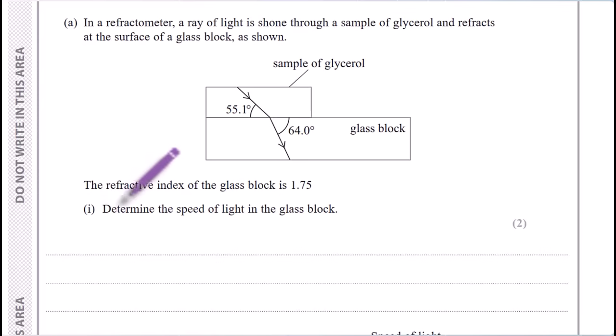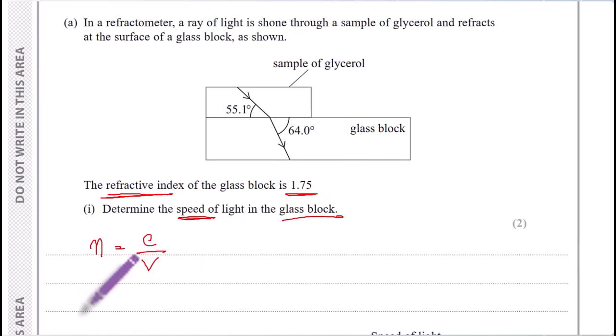So you see, the question mentions refractive index, gives the value, and talks about speed. So you have to recall the equation that links speed with refractive index, and that equation is n equals c by v, where c is the speed of light in air or vacuum, and v is the speed of light in the medium, as in the glass block.